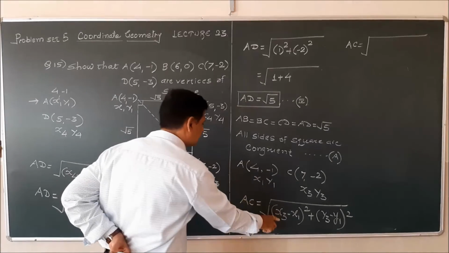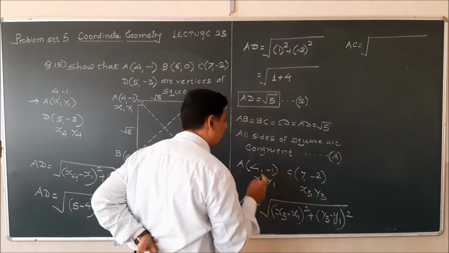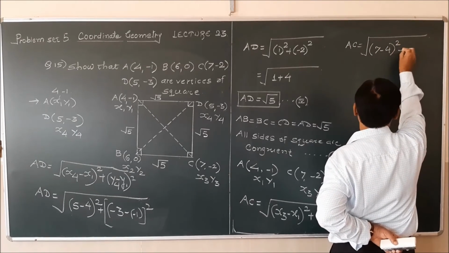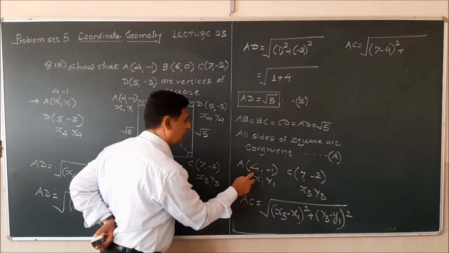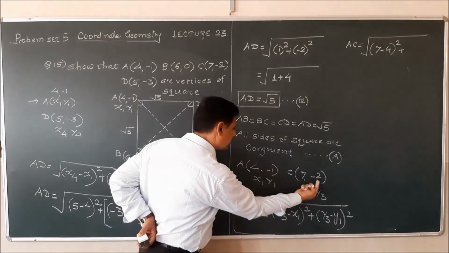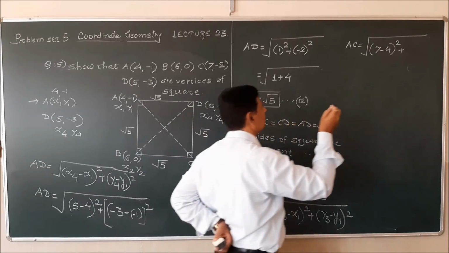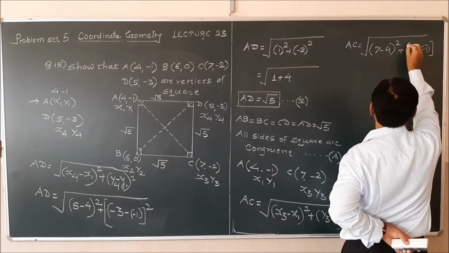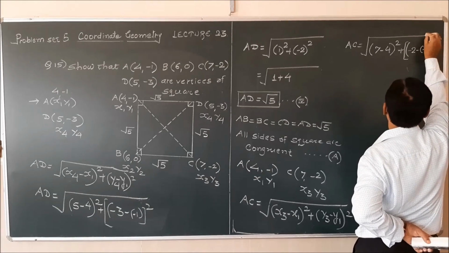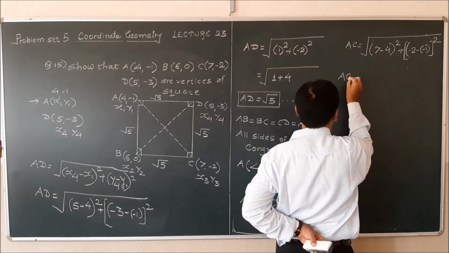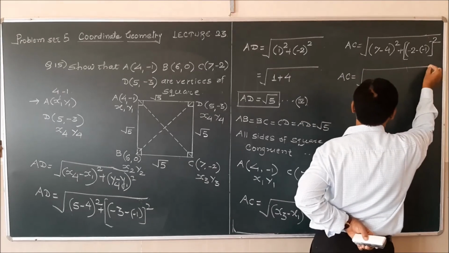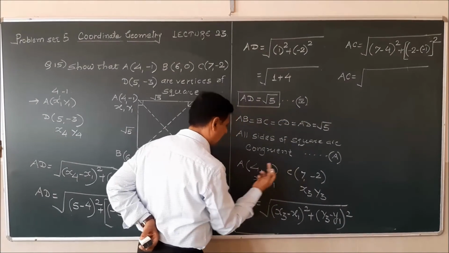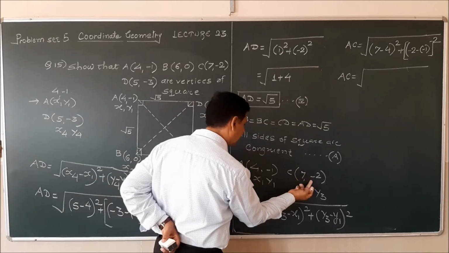Now x3 is 7, so 7 minus 4 the whole square, y3 is minus 2, so minus 2 minus of minus 1, the whole square.